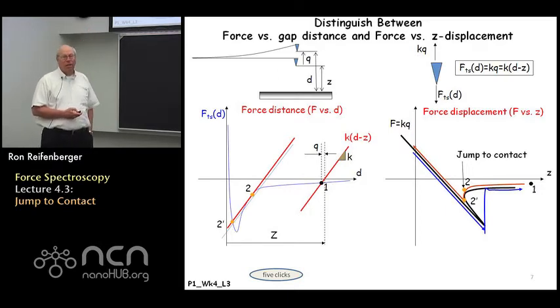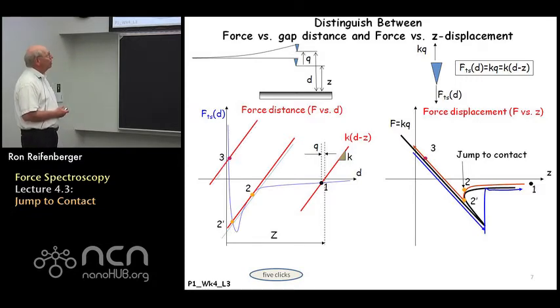Once the tip has jumped into contact with the substrate, then you can continue to load the tip into the substrate by decreasing Z. When you do that, you'll reach some final loading force indicated by 3 on this diagram.